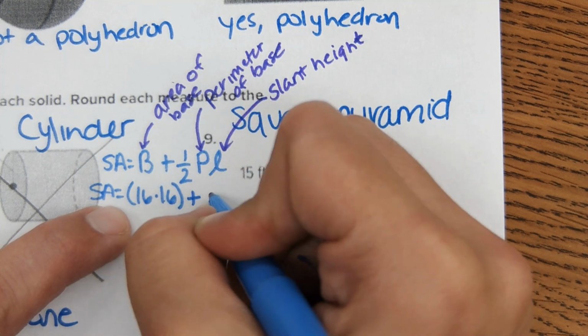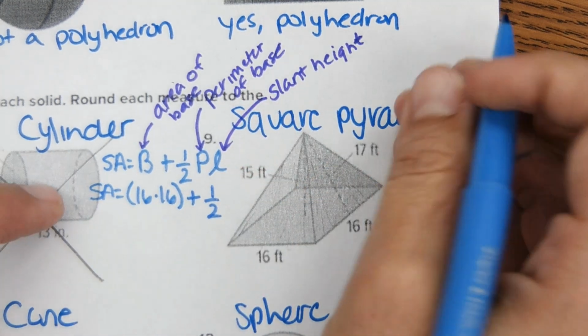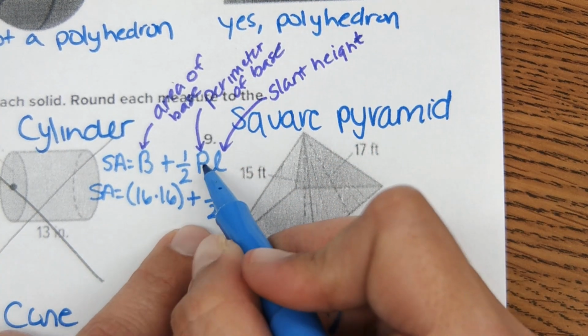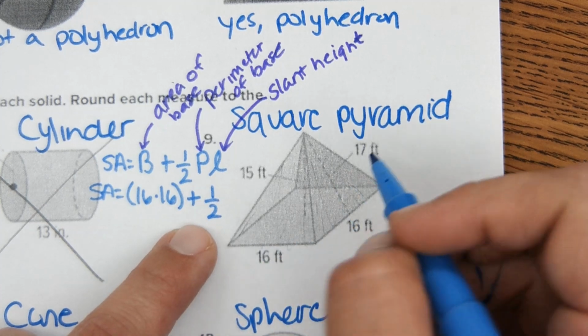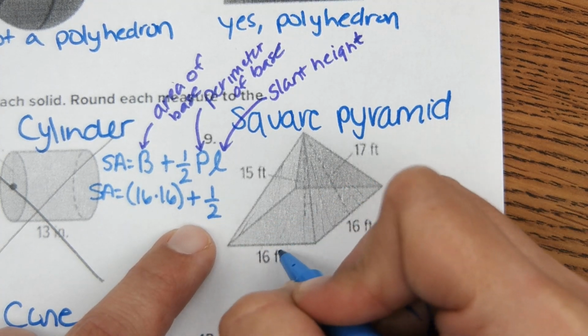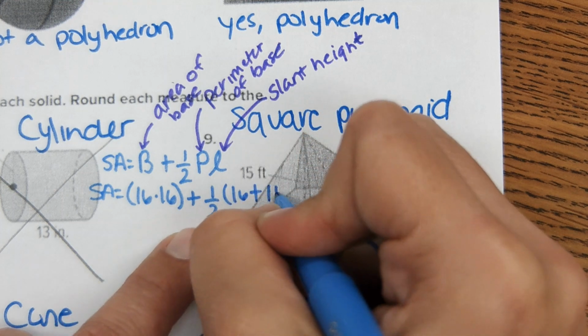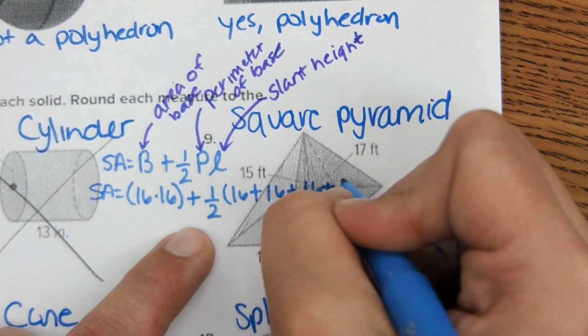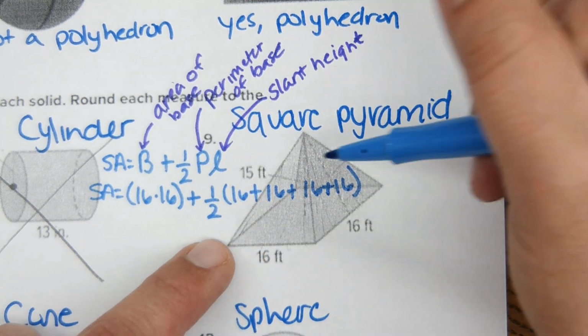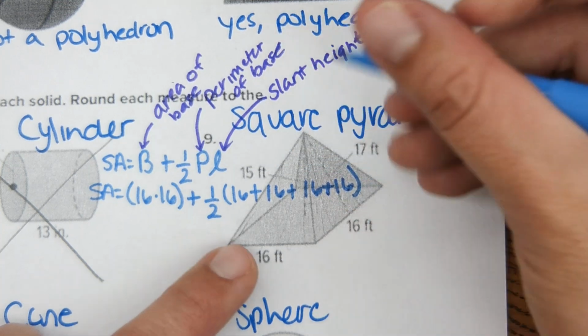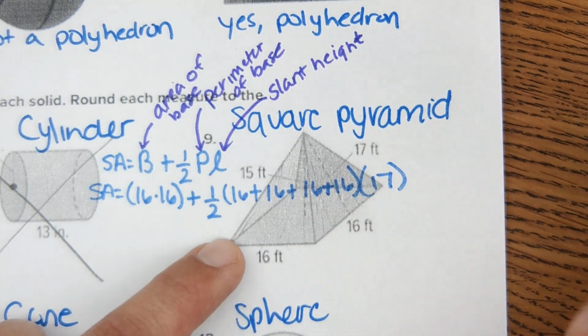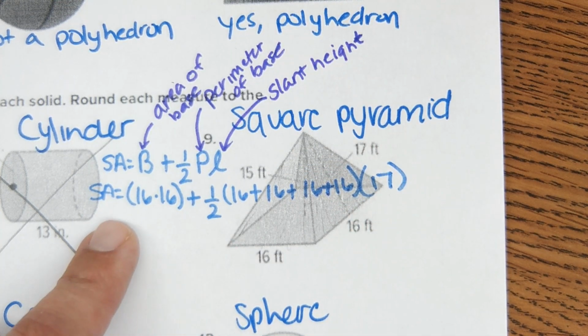Then plus 1/2 the perimeter of the base. It's a square, so it'll just be 16 plus 16 plus 16 plus 16. And then slant height is 17.